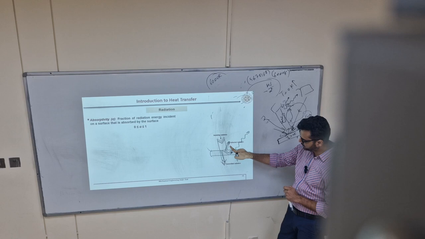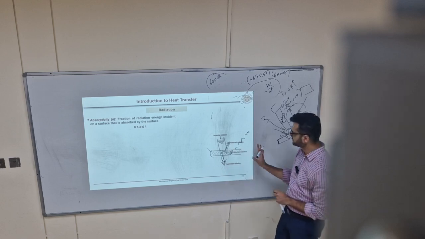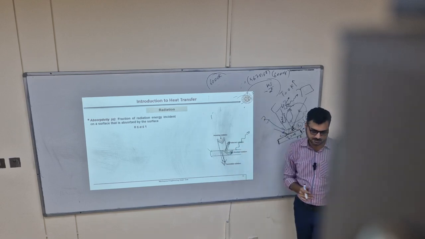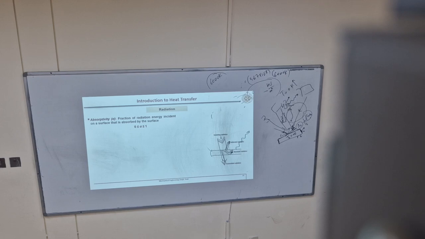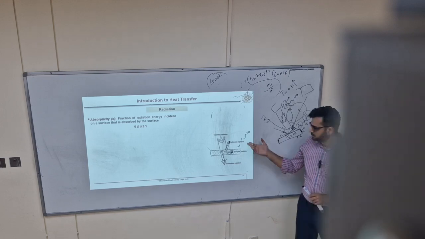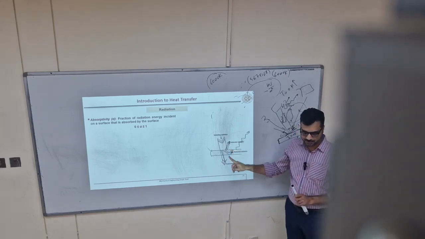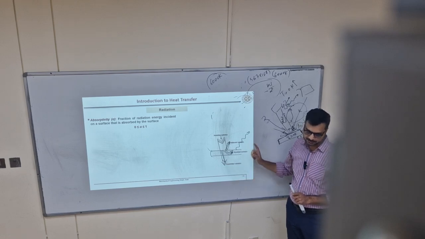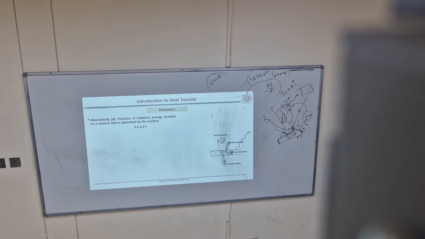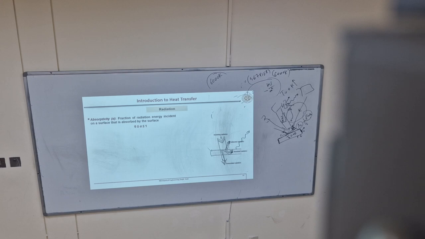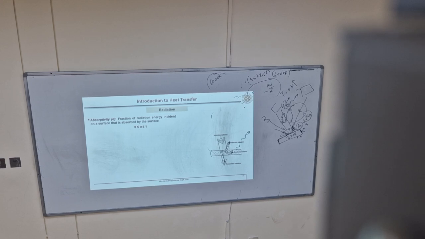Emission, reflection. So the sum of all these is called radiosity. The total amount of radiation coming from a body consists of the reflected part, transmitted part, and emitted part. The sum of all these is called radiosity, the net of the radiation.